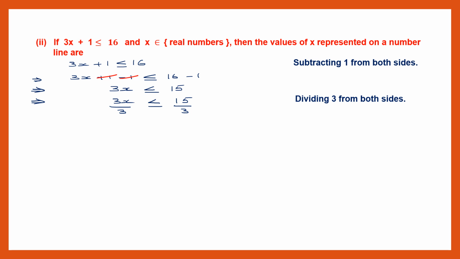Okay, what do we get? Here I can cancel this 3 and this 3. I have only x. Here I can cancel and I can get 5. So x is less than or equal to 5. Now we know that x is less than or equal to 5.